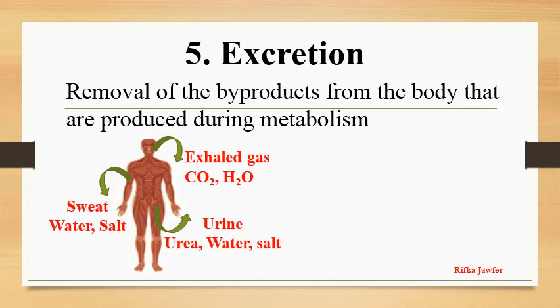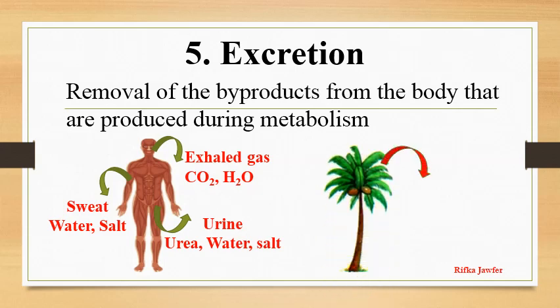Nitrogenous excretion of human mainly occurs by the kidney. Carbon dioxide released by the plants during respiration and oxygen released during photosynthesis too can be considered as excretion.